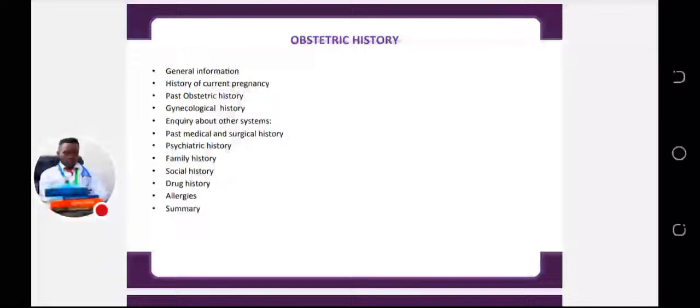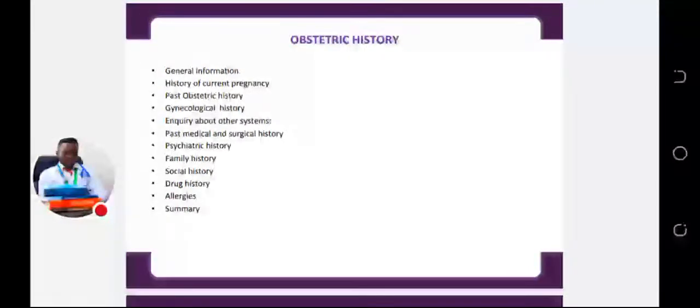Then you should also inquire about other systems, that is the systemic examination. Past medical as well as surgical history is very important. Then psychiatric history is also important. Family history, social history, drug history is very important. Allergies, find out if your patient has allergies, and we'll also look at the summary.